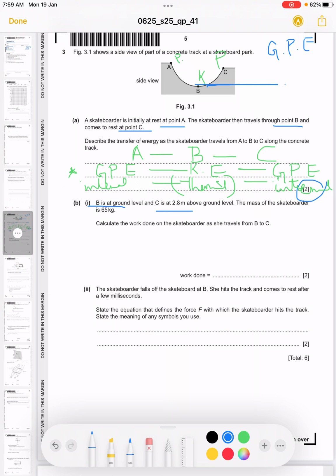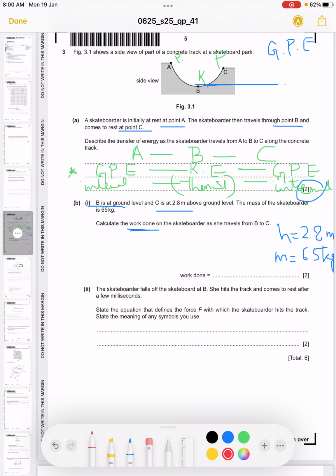You can write it with h or d, whatever you want. The mass of the skateboarder is given, 65 kg. And calculate the work done on the skateboarder as she travels from B to C.